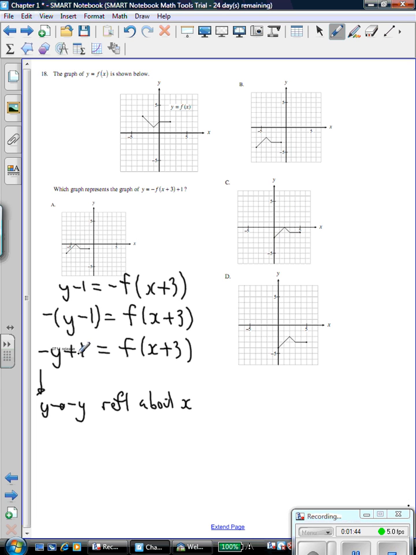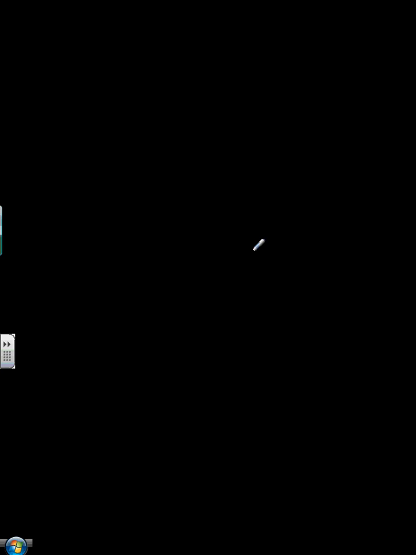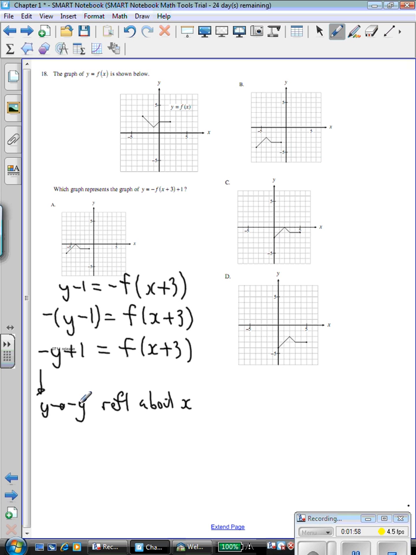And you'd look at this positive 1 and think, okay, that looks like it's down 1. So you'd be thinking, okay, y becomes y plus 1, which is down 1.